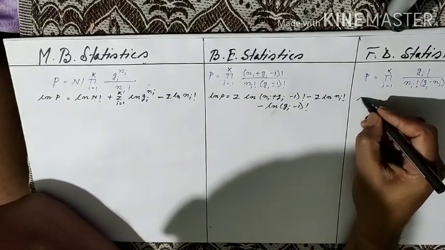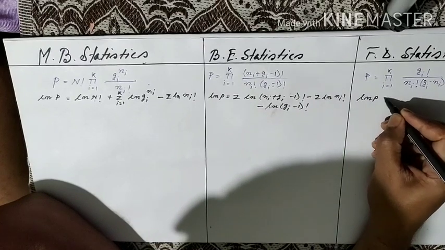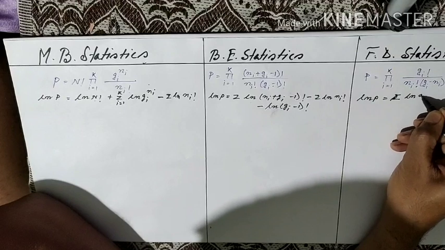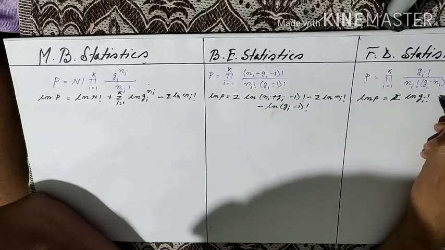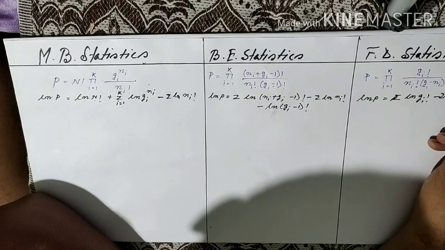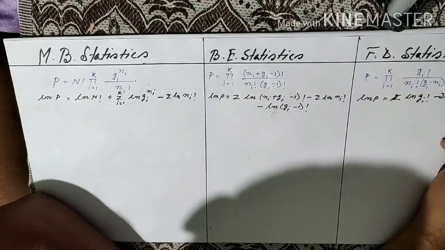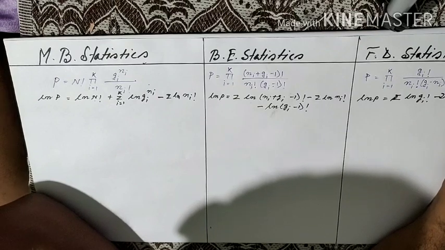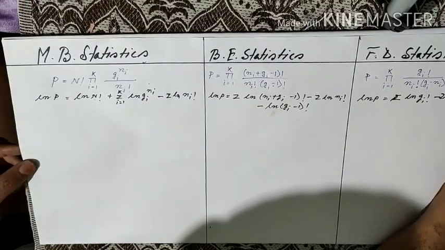Same thing I will do here: ln P is summation ln Gi factorial, minus summation ln ni factorial, minus summation ln (Gi minus ni) factorial.